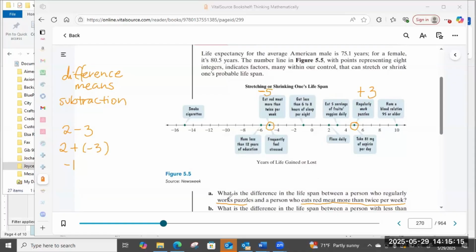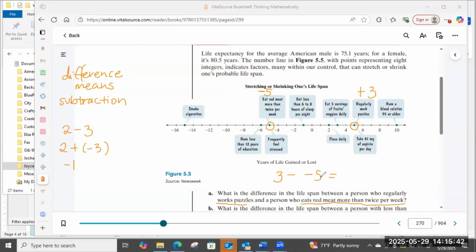And then let's go back and read, what were we asked? The difference between a person who regularly works puzzles, that was a positive 3 years, and someone who eats the red meat, -5. And notice these are the two numbers that we're taking the difference of. The difference is subtraction. So what this is saying really is, what is 3 minus -5?